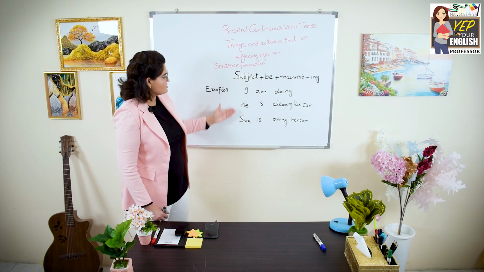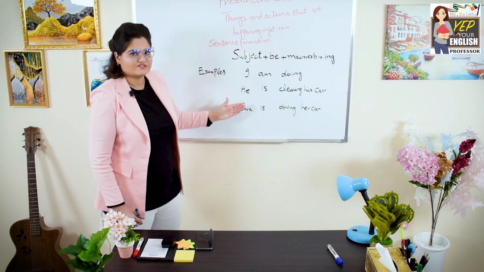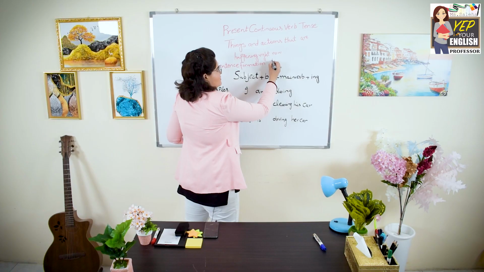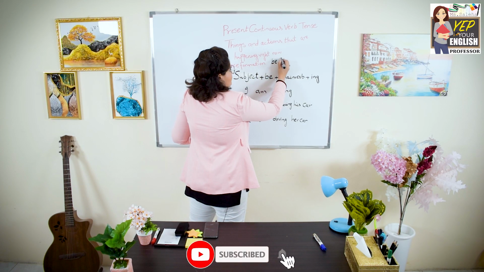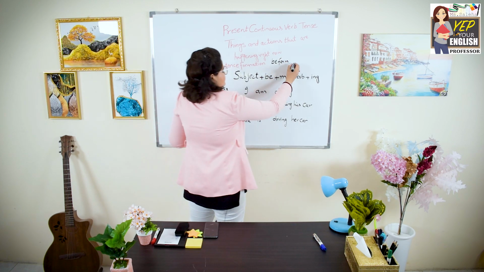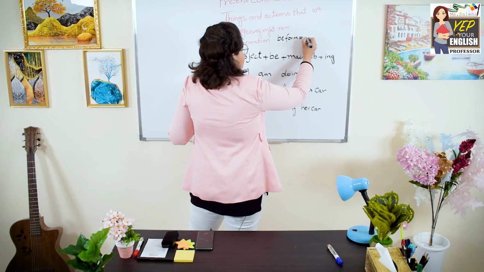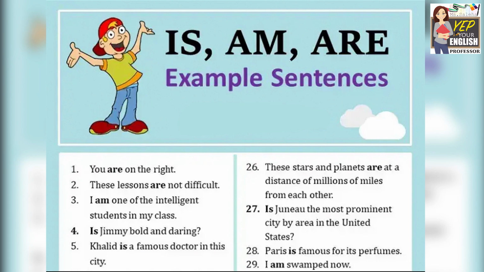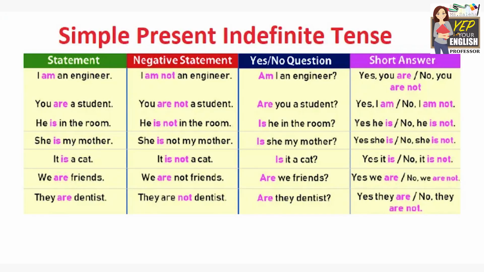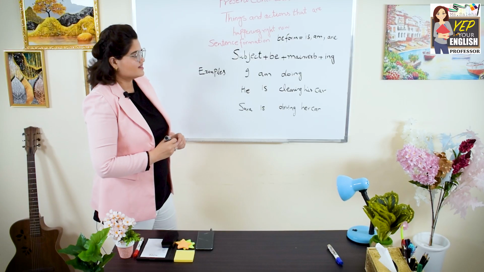You can see in each sentence the pattern is same. We always use a be form, which is is, am, and are, just like in simple present indefinite tense.